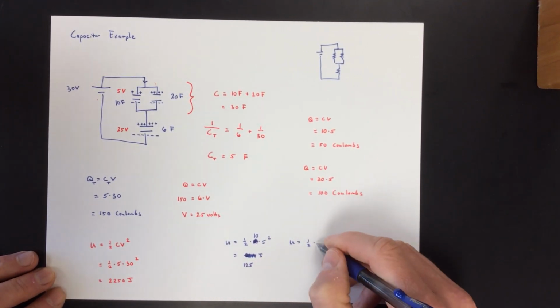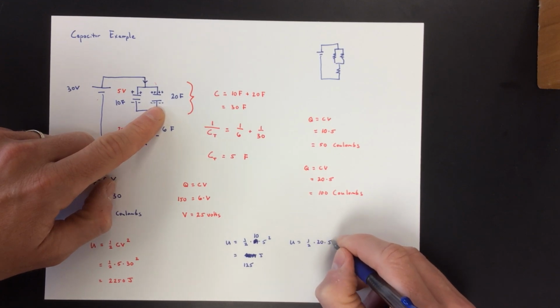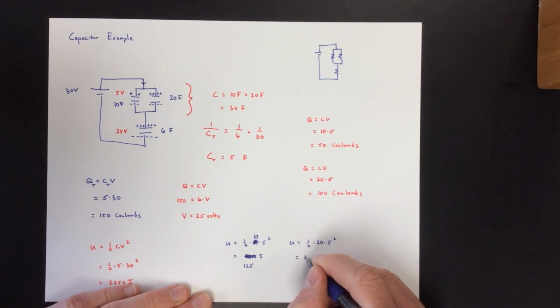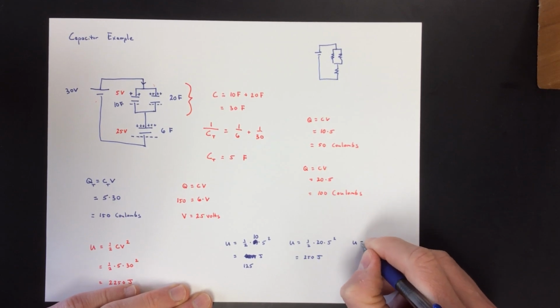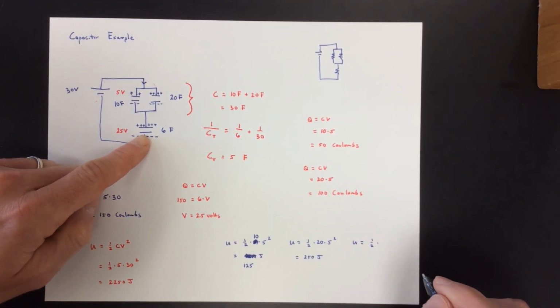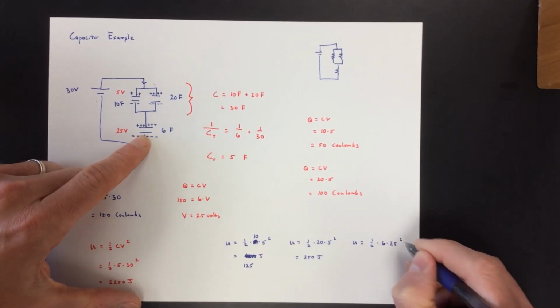Sorry about that. And then this is 1/2 its C, 20, times its voltage squared. So that's a half of 20, which is 10. 10 and 25 make 250 joules. And then the energy stored in this particular one is 1/2 C, which is 6, times its voltage of 25 squared.